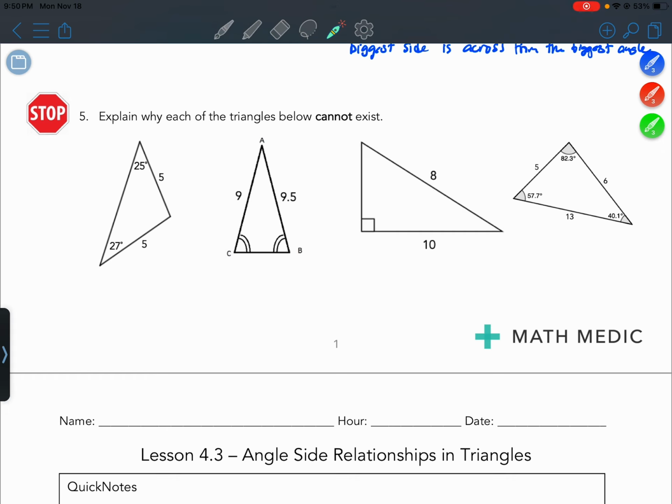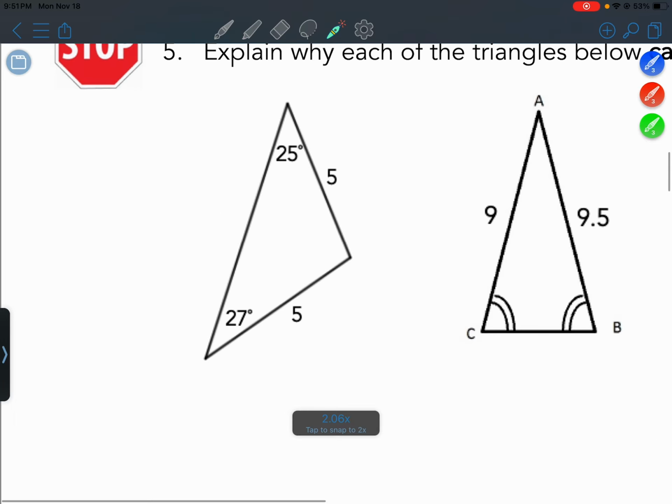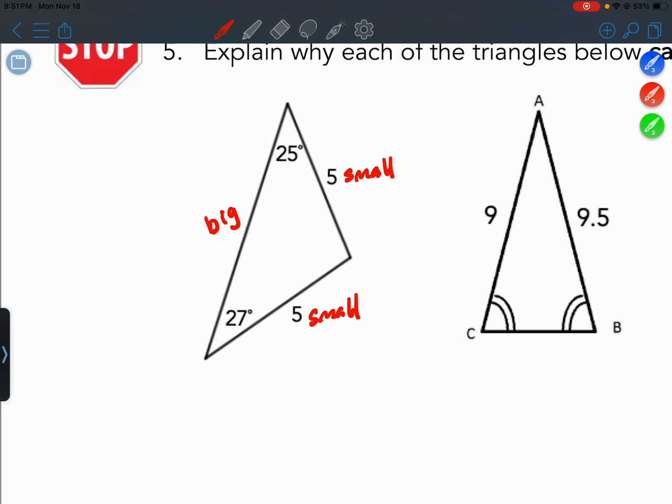All right, so we'll go ahead and debrief these last questions. The first triangle here, notice how 2 sides are the same length. So let's call this the biggest side, and these would be tied for the smallest side. If they're tied for the smallest side, then their angles should be tied for the smallest angle, because big sides are across from big angles, small sides across from small angles.